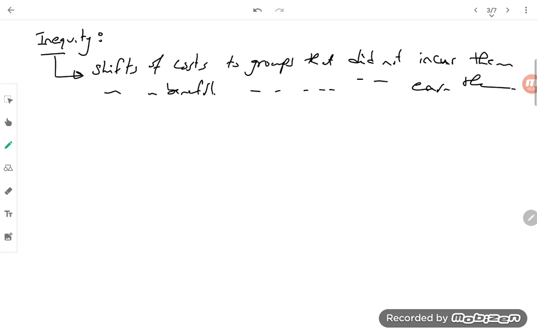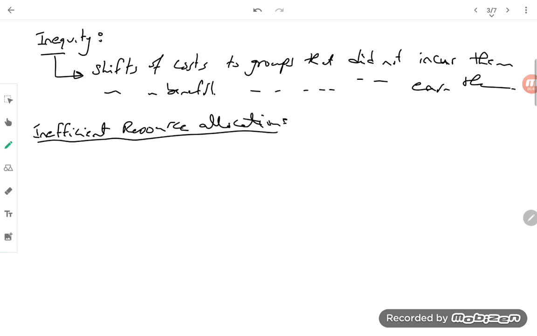What about inefficiency? Inefficient resource allocation means that people can produce and consume too much of a commodity, and this is the case of negative externality.